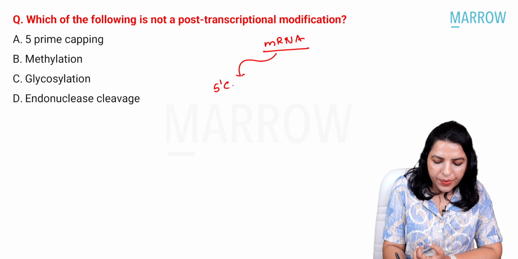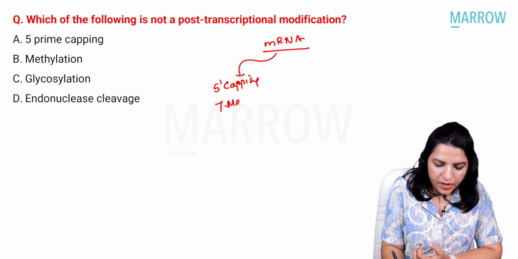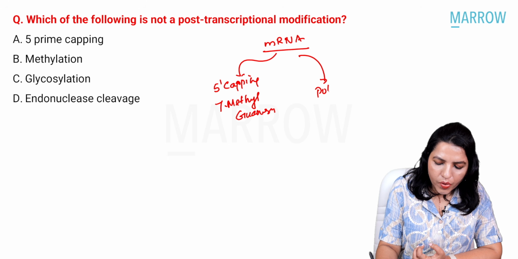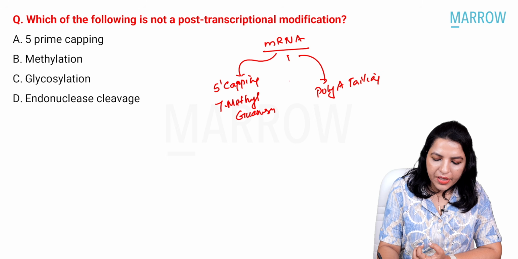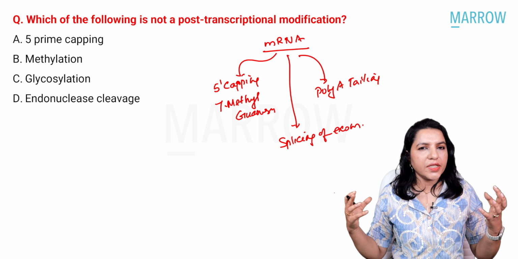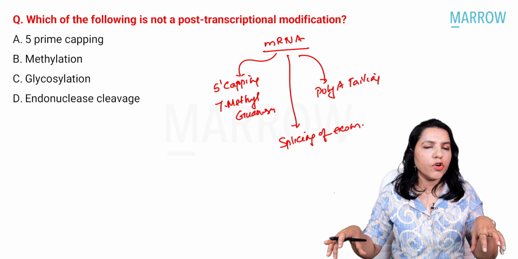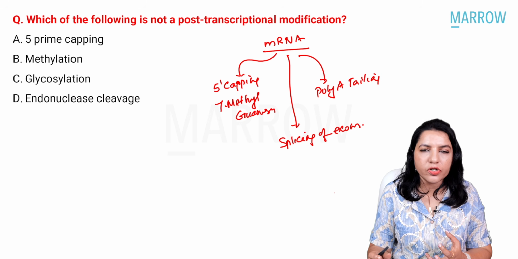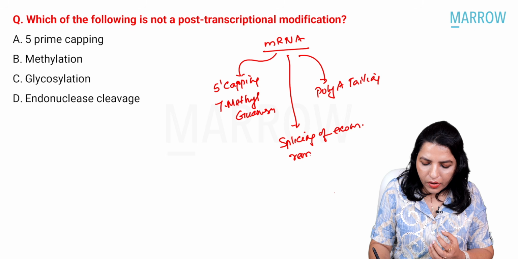One is the 5' capping with what? 7-methyl guanosine. Then what is the next one? Poly-A tailing. Okay. Then there is splicing of exons, and cleaving of what is called the introns. So splicing of exons and removal of introns.